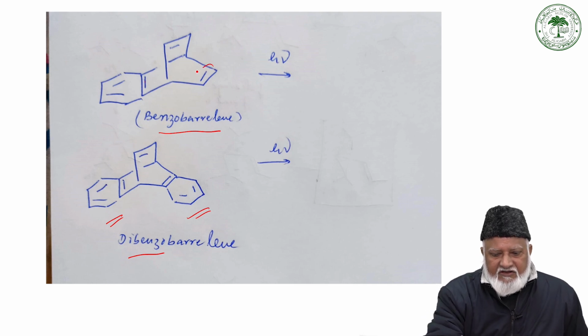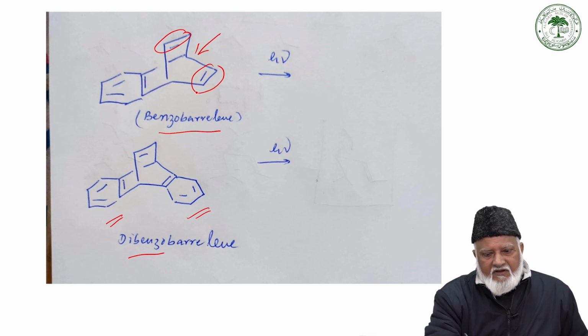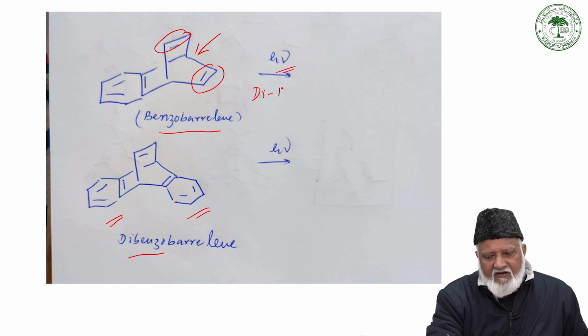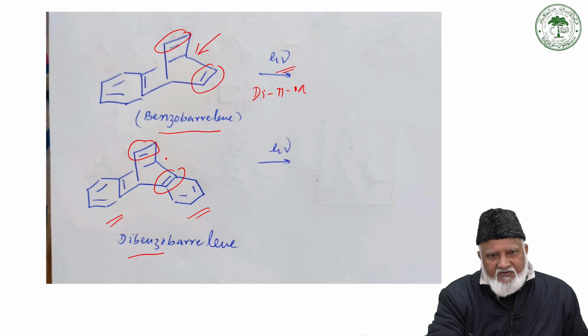Again, if you consider these two double bonds, they are separated by a methylene group. So under photolytic conditions, this can also undergo di-pi-methane rearrangement, same as this one. One double bond is part of the benzene ring, another double bond is part of this ring system, separated by a methylene, and it can also undergo di-pi-methane rearrangement under photolytic conditions.